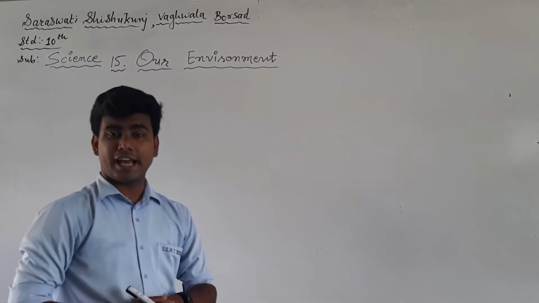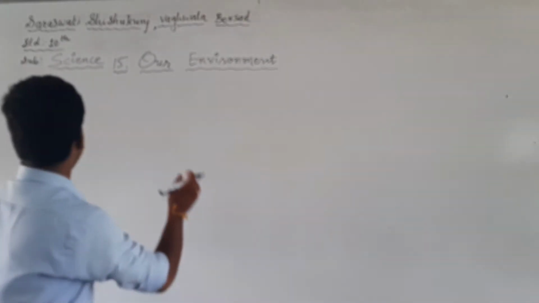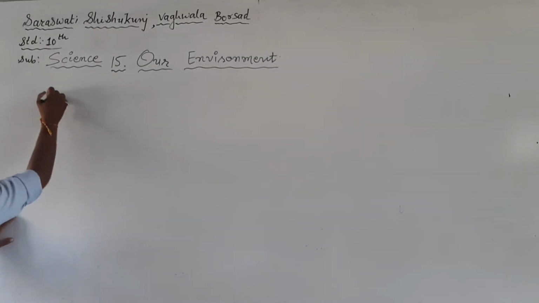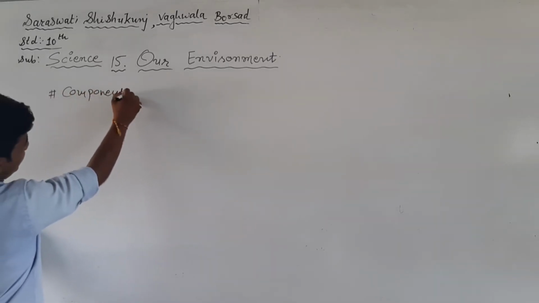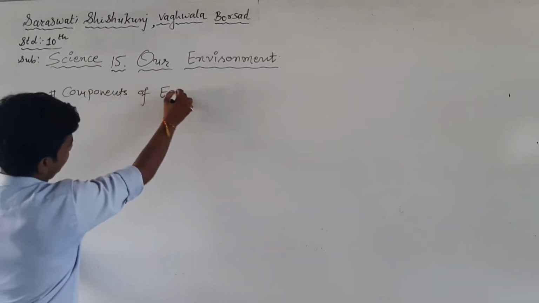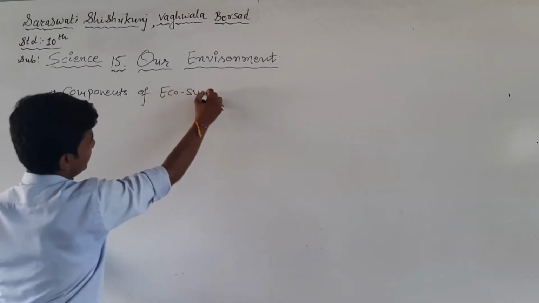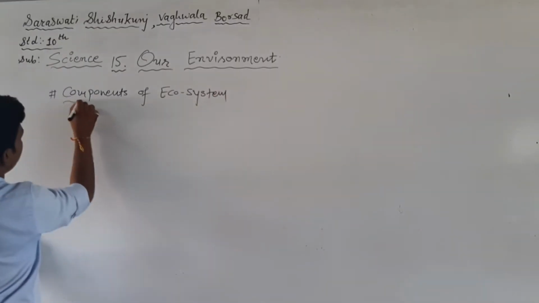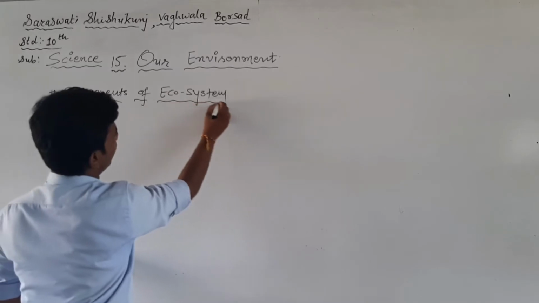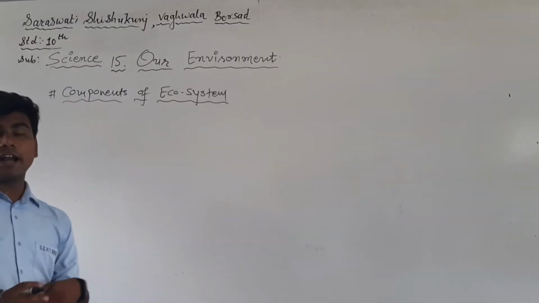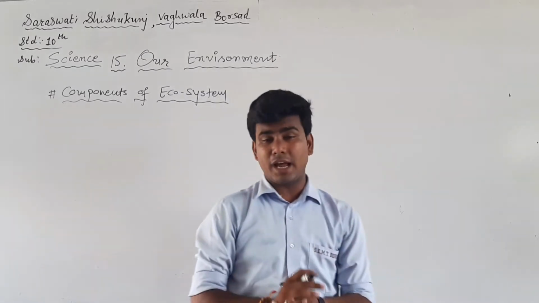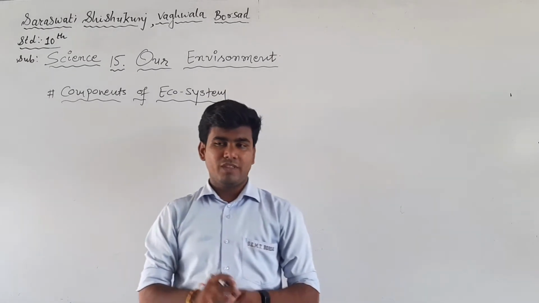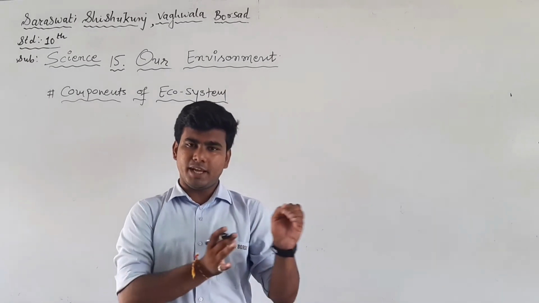After understanding types of ecosystem, now we will understand about components of our ecosystem. Okay, so what are components of ecosystem? In our ecosystem there will be two types of components, as we know that some will be living and some will be non-living.